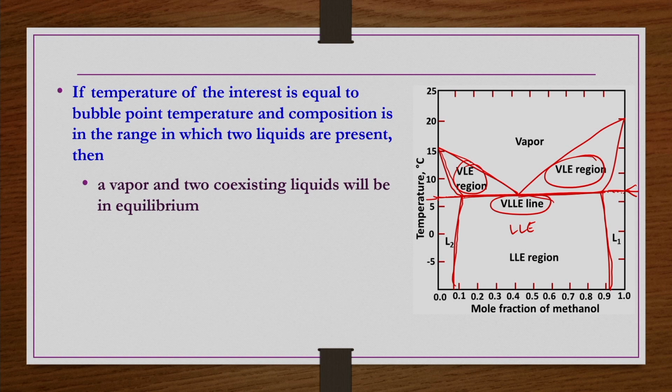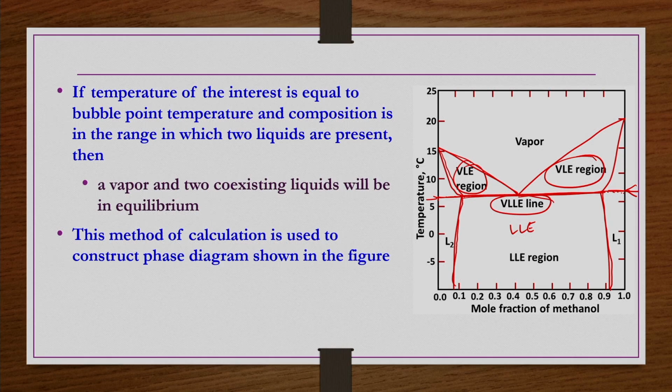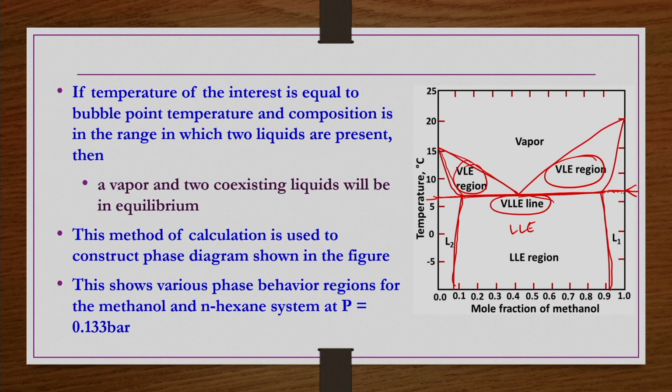Now you can see it is quite similar to the TXY diagram for a VLLE system that we have taken previously, but without an example. So, this is with an example we are mentioning. This method of calculation is used to construct the phase diagram as shown in the picture, and this shows various phase behavior regions for the methanol and n-hexane system at 0.133 bar.